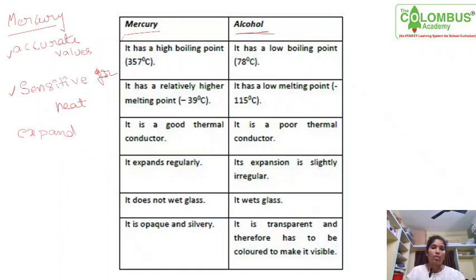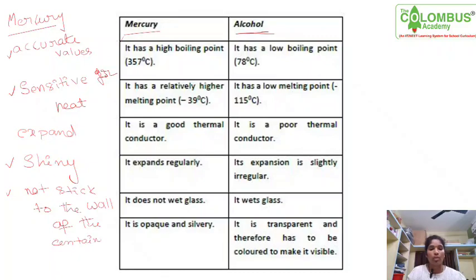Second thing is, it is shiny in appearance so that we can easily see the reading, and it will not stick to the walls of the container. So in the capillary tube, it will not stick to the container.